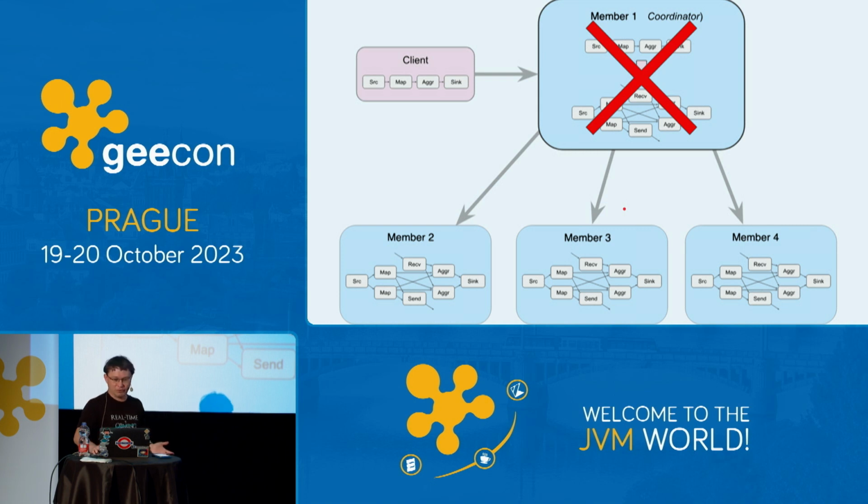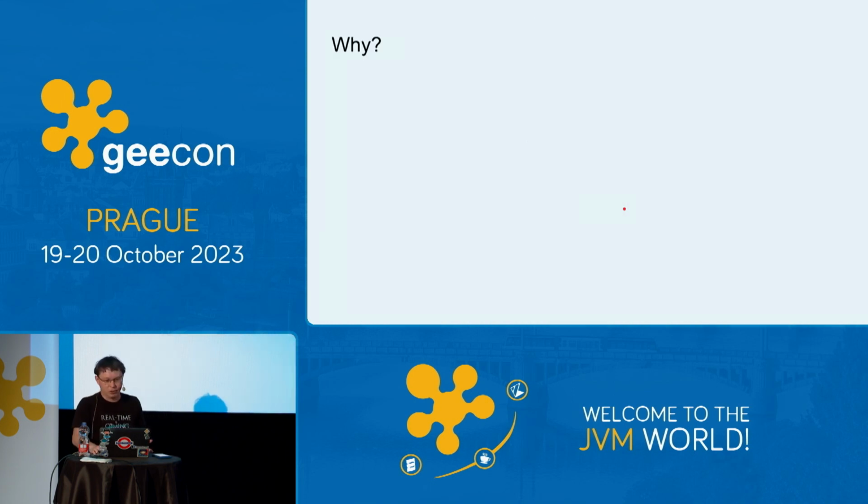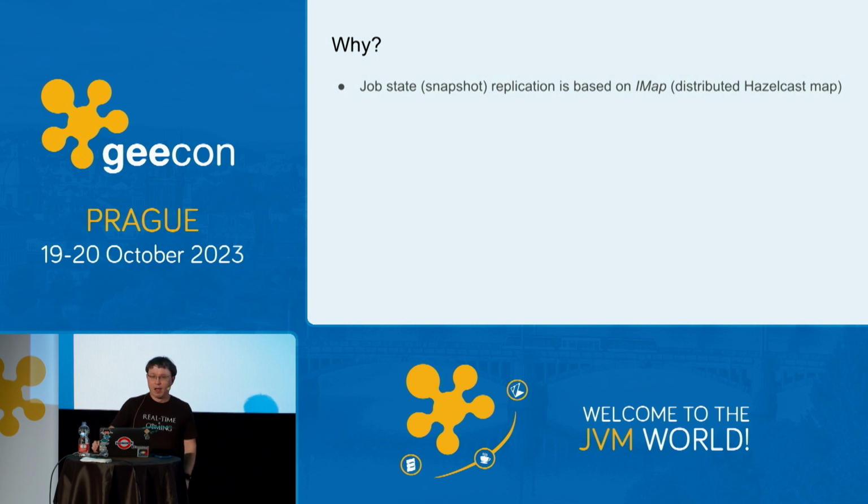And the question is why it happened and how it is possible. In our implementation, replication of the job state, or snapshot, is based on IMap. IMap is a distributed Hazelcast map.